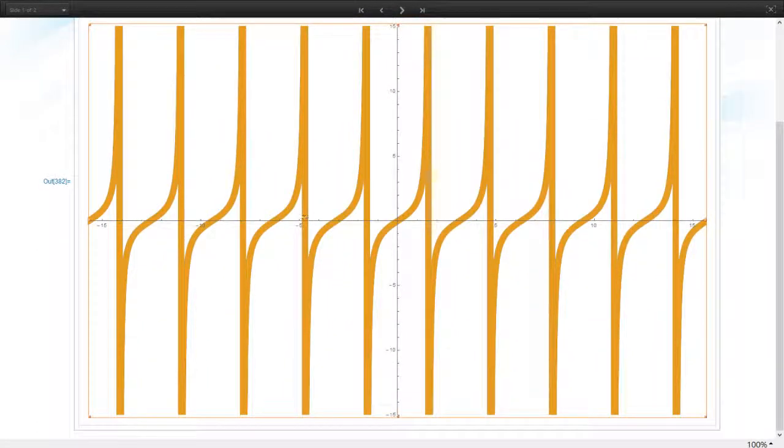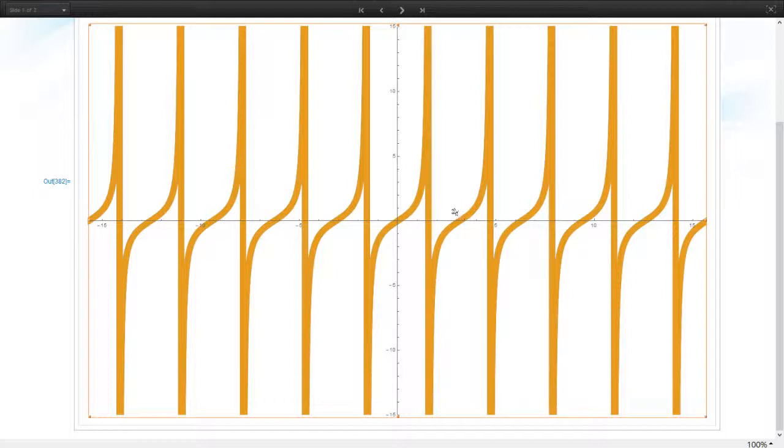We have our asymptotes here at pi over 2 and 3 pi over 2 and 5 pi over 2 and negative pi over 2 and so on. The period of tangent and the period of cotangent is pi, not pi over 2.